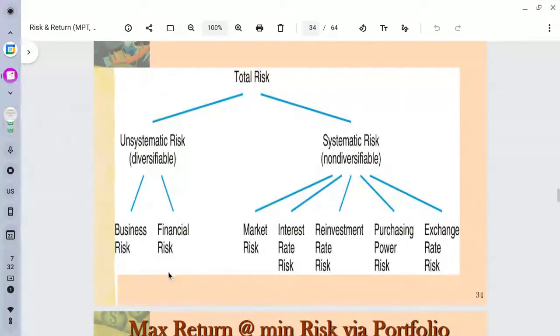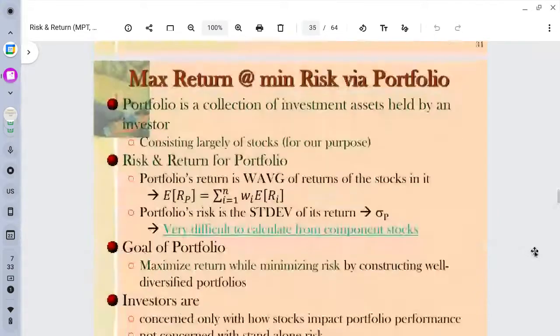If you construct a portfolio with about 20 different industries, with even one share from each industry, then the unsystematic risks are almost canceled out, right? But systematic risk cannot be canceled out.